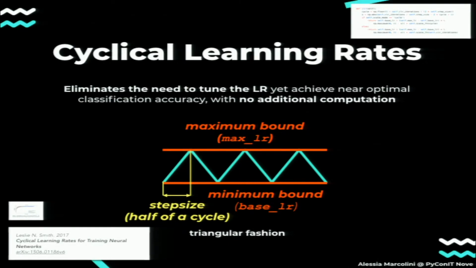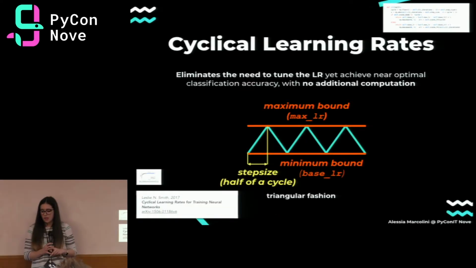You set boundaries within which your learning rate can vary and a step size, which is the number of epochs that you use to go from base LR to max LR. And as you can see, it follows a triangular fashion.